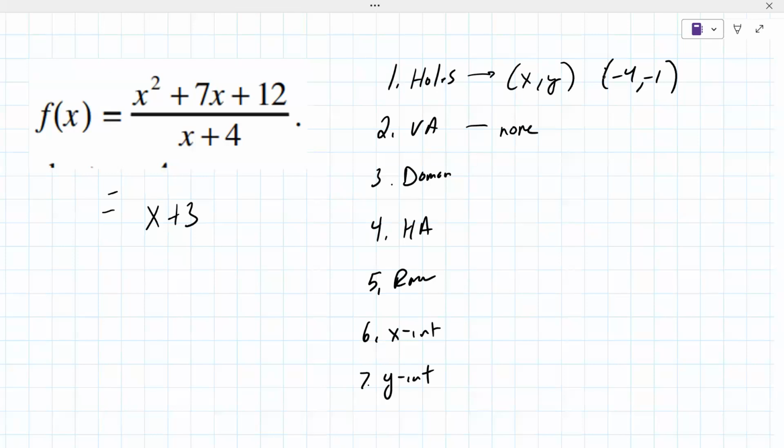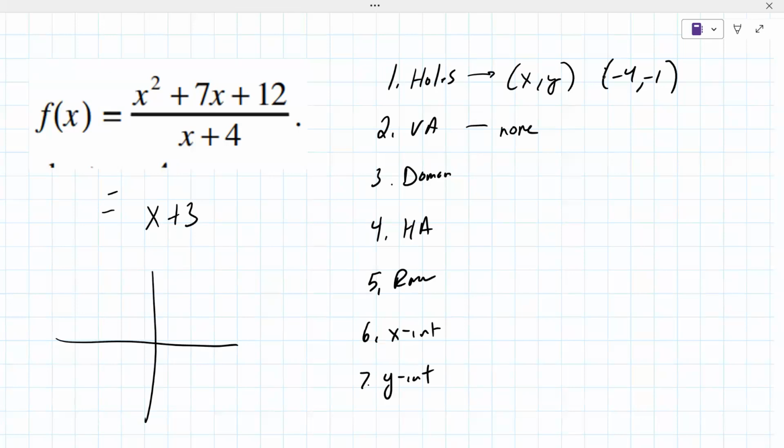Got it. So the domain would be -infinity to -4, and then -4 to infinity. The domain's based on the holes and the vertical asymptotes.